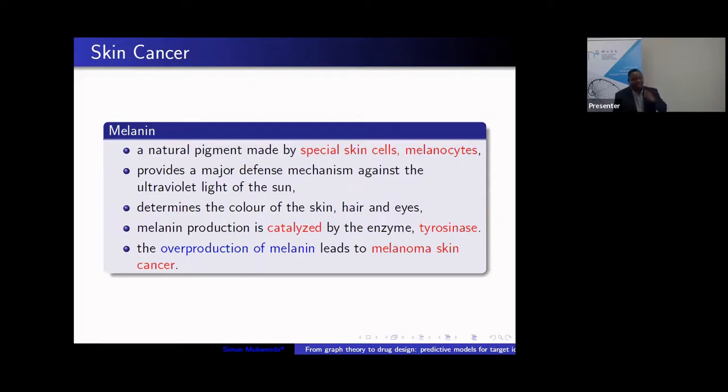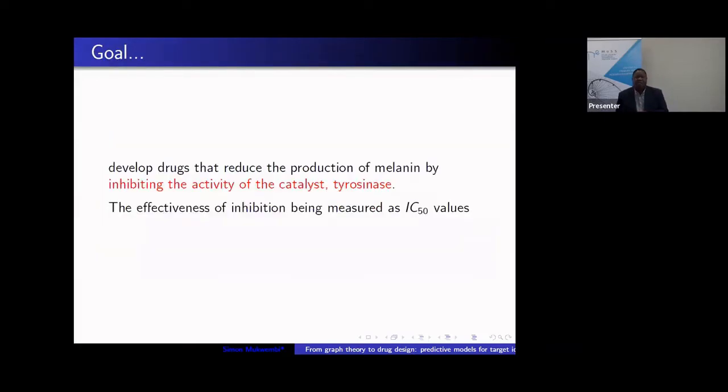And the overproduction of melanin leads to what is known as melanoma skin cancer. So in all this business, we worry about, can we develop drugs that can reduce the production of melanin by inhibiting the activity of our tyrosinase?